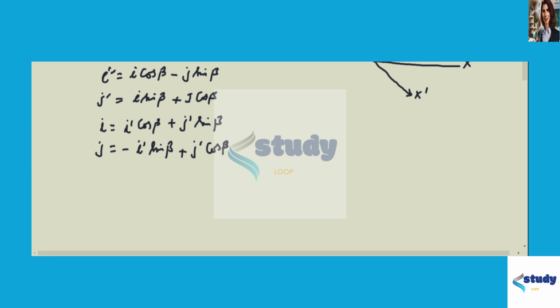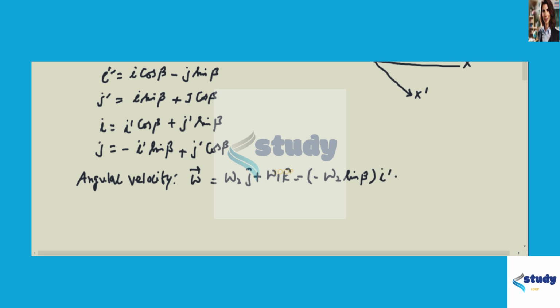Angular velocity omega can be written as omega 2 j cap plus omega 1 k cap, which is omega 2 sine of beta i dash plus omega 2 cos of beta j dash plus omega 1 k.